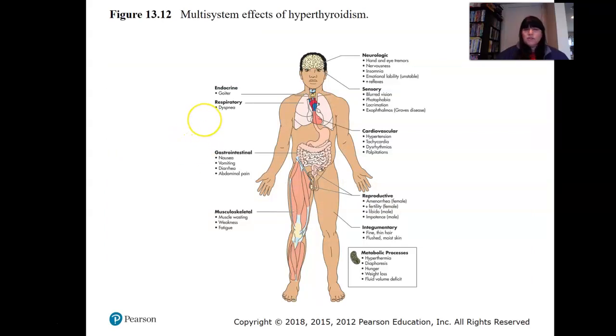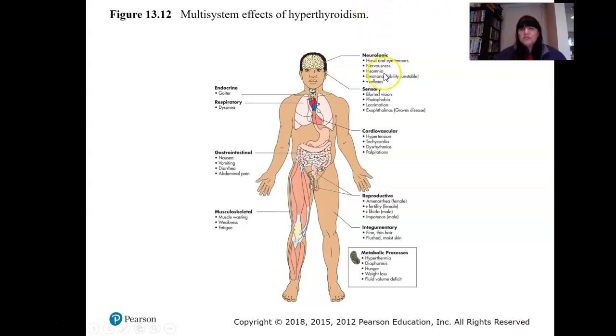Hyperthyroidism, again, if there's too much thyroid hormone. So it shows the issues with hyperthyroidism. Look at cardiac hypertension, tachycardia, the heart goes too fast, dysrhythmias, palpitations. Again, this is affecting metabolism, and if it's too much, now all these issues happen.